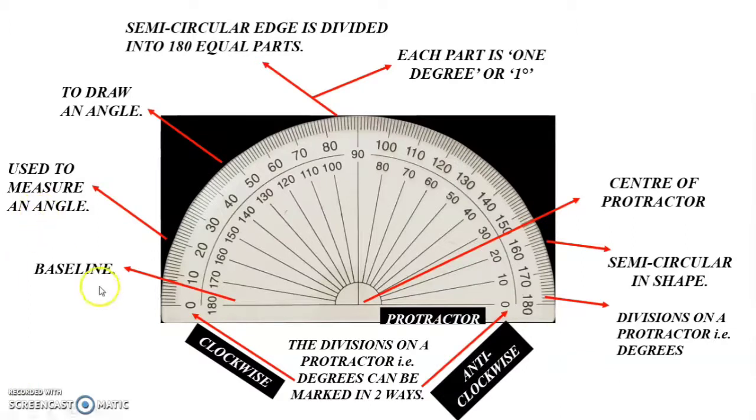So you can mark the divisions or degrees either in this clockwise direction or in the anti-clockwise direction. That is the upward part and the downward part. So there are two ways to mark the divisions on a protractor. Now we will see how to measure an angle, and then later we will see how to draw an angle.